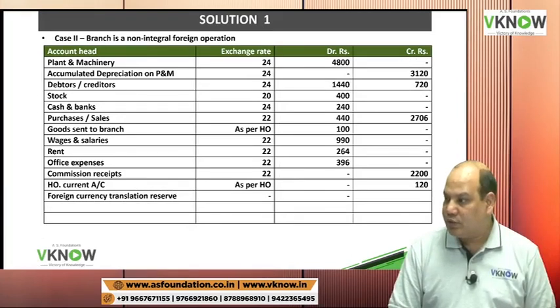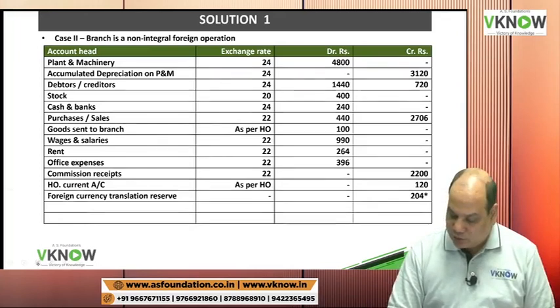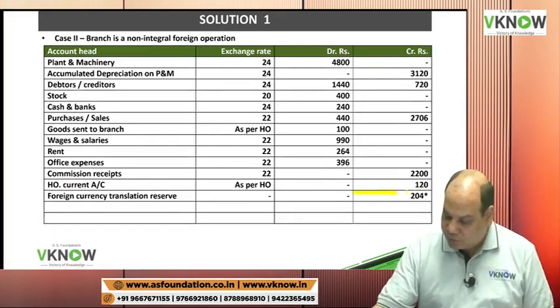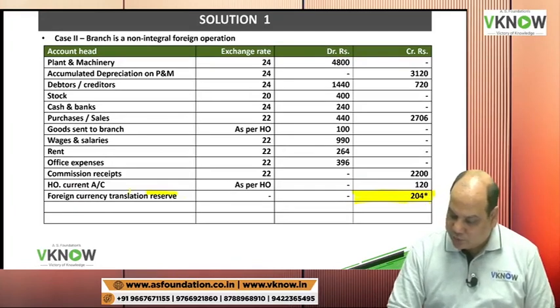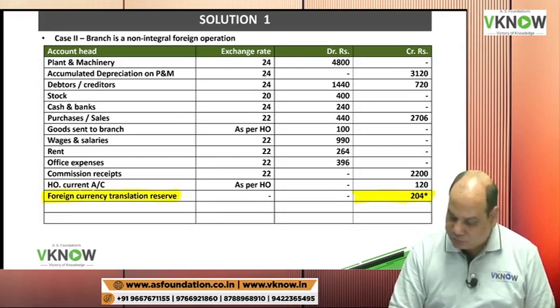So you will say the difference will come in credit column as FCTR, and it will remain here. It will not transfer to P&L account. It will be transferred to P&L account when the branch is closed.